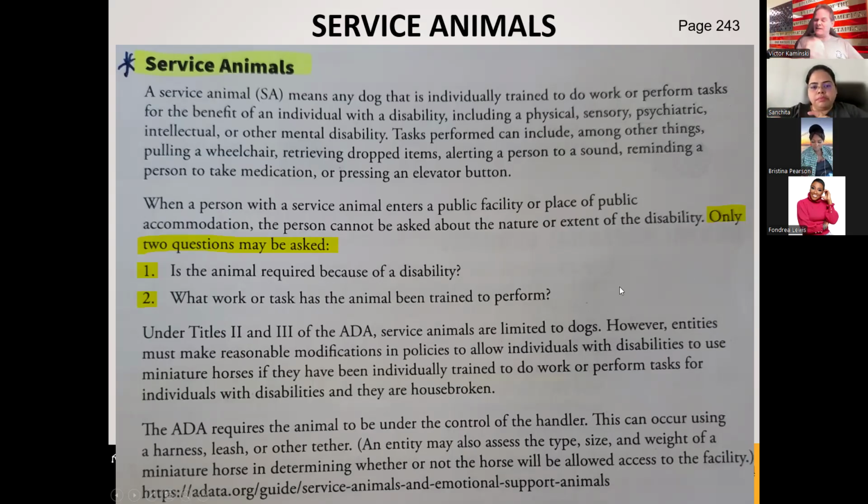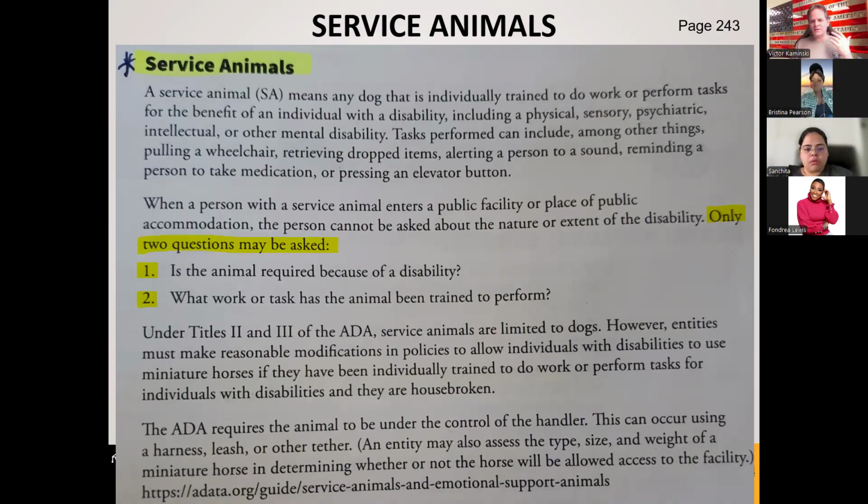An additional note: these service animals must be in the owner's control at all times with a leash, unless the nature of the disability would interfere with them performing their tasks with the leash. Okay.